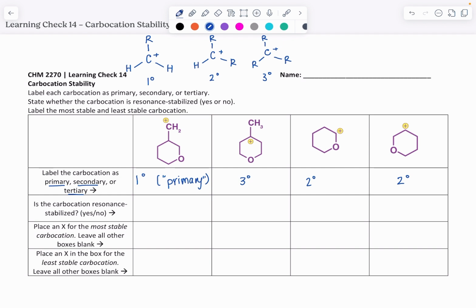All right, so we had seen an example of a carbocation stabilized by resonance. Let's just do this for example. I think this is what was in our notes. And it doesn't have to be an oxygen, even though that's what we're looking at in the structures on this learning check. It could be a nitrogen. It could be any other atom with lone pair electrons.